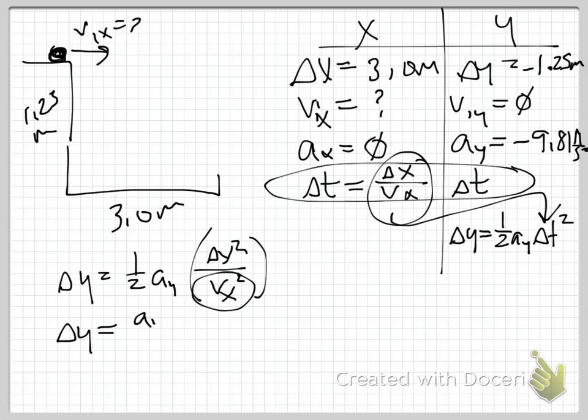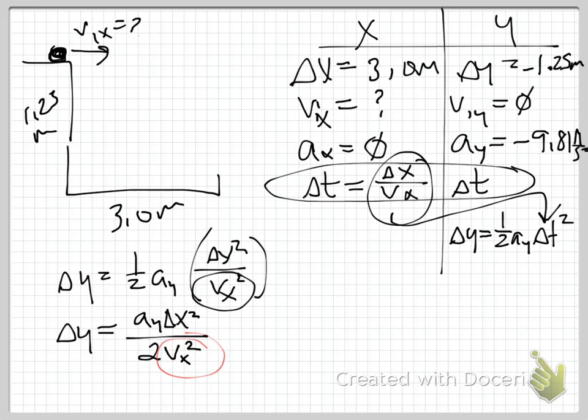Delta y equals a sub y delta x squared over 2 v sub x squared. When you put it that way, it's not so terrible. And again, I always have to remind myself what I'm solving for. Vix.